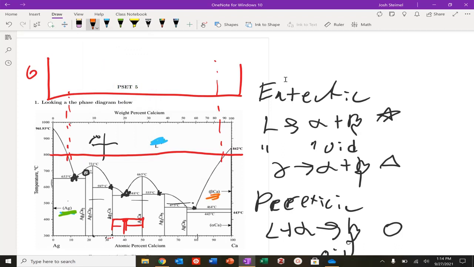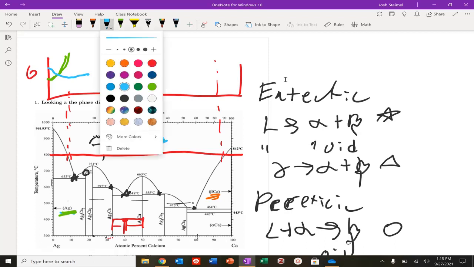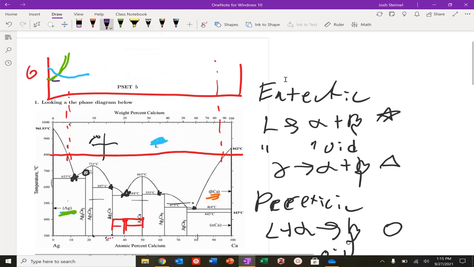So I am initially a solid, but I'm basically immediately in that 2-phase region. So I've got a free energy curve that looks like this. From here to here, I have a common tangent with my liquid, so there's a common tangent that looks like this, from here to here.